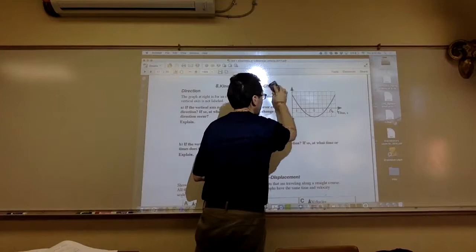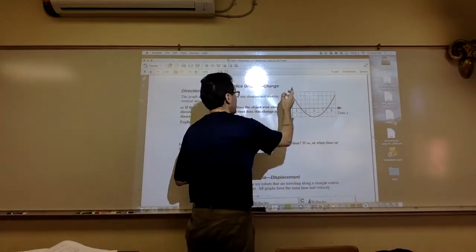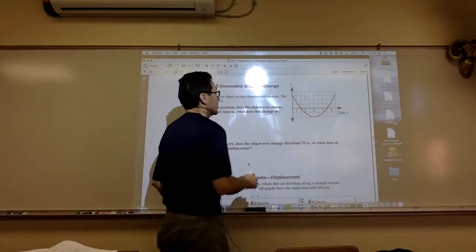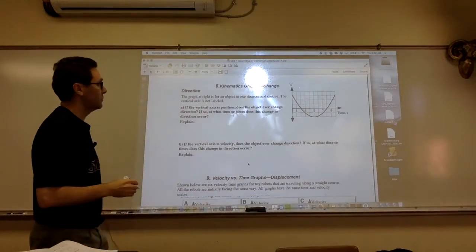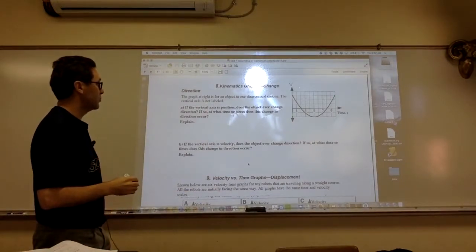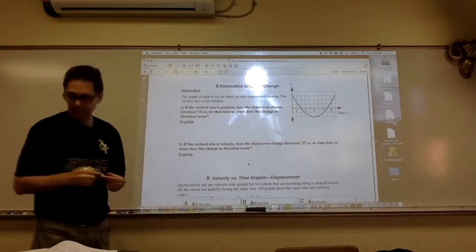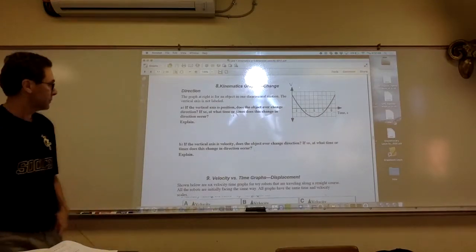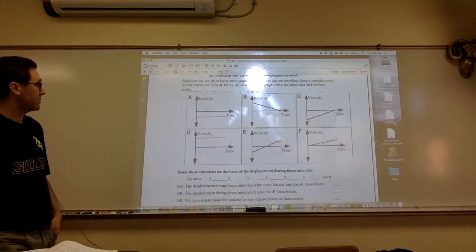So if this is a velocity time graph, you do change direction each time you cross the time axis. So yeah, you do change direction at 2 seconds and at 8 seconds. Okay. So just be careful how you read these graphs.